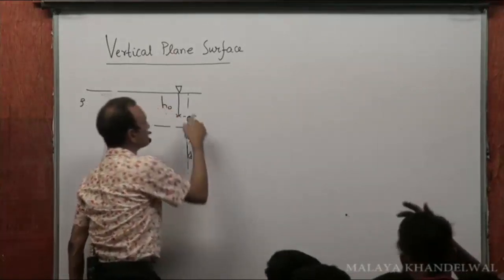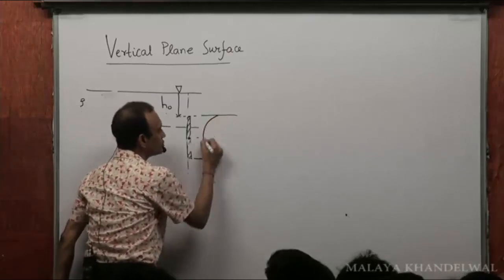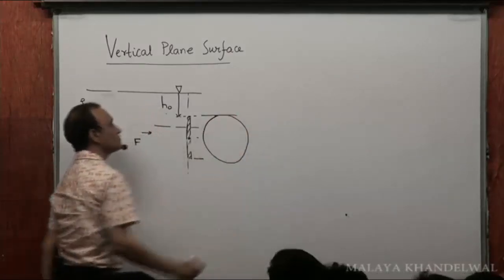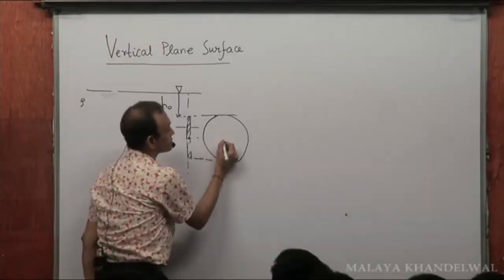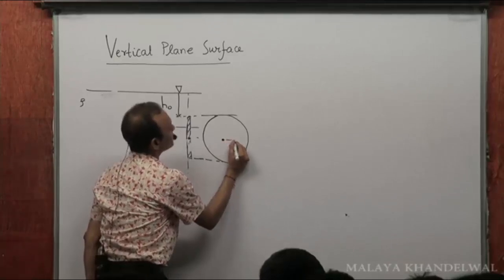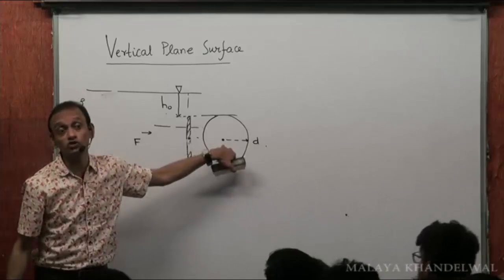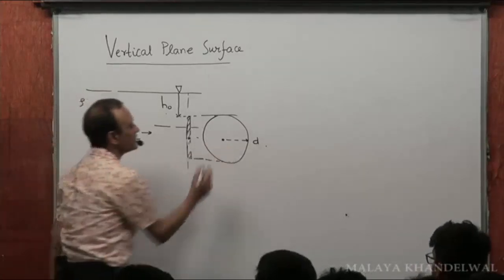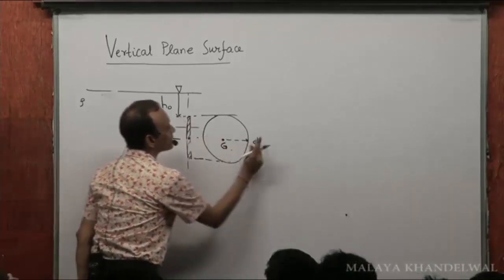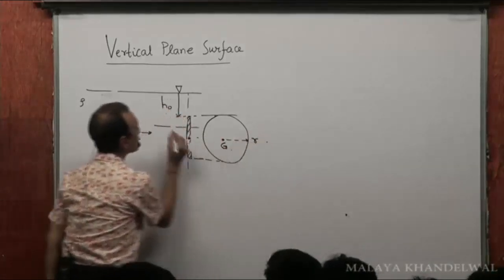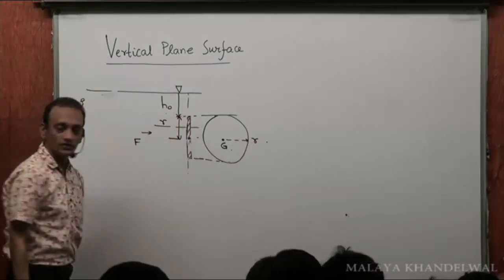So suppose now this was circular, and if it was circular, then you view from here, this is what you'll see. Yes or no? Now if it's uniform circular, suppose the diameter of the circle is D. Then the center of the circle will be the center of gravity, G. And this would be the radius r of the circle, right?